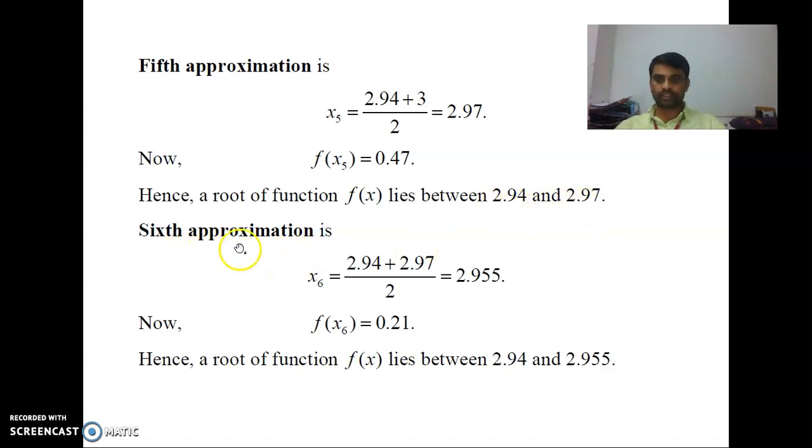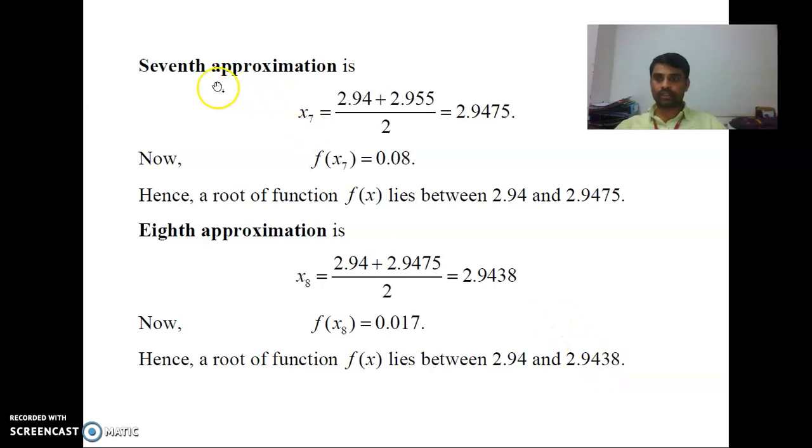Then we calculate the sixth approximation. x6 is 2.94 plus 2.97 divided by 2 equals 2.955. Then we calculate the value of f of x6. It is 0.21. Then the root lies between 2.94 and 2.955. Then we calculate the seventh approximation. So x7 is 2.94 plus 2.955 divided by 2.